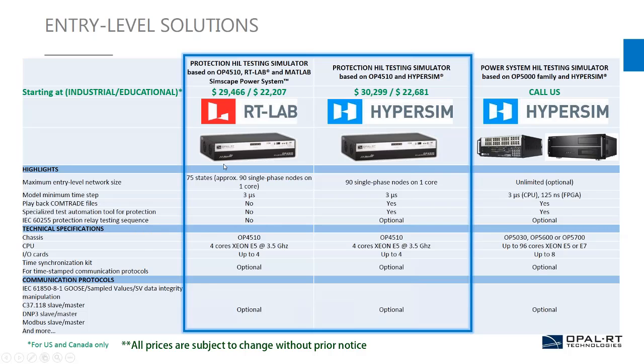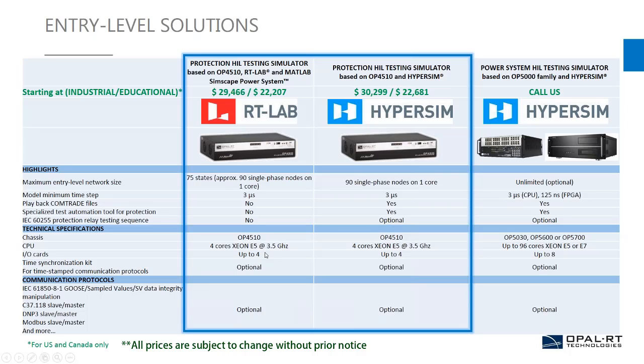So in terms of technical specification for the chassis, we use the same chassis for both solutions. So it's an OP4510 that boasts 4 cores Xeon E5 processors at 3.5 gigahertz each. You can have up to 4 I/O cards.